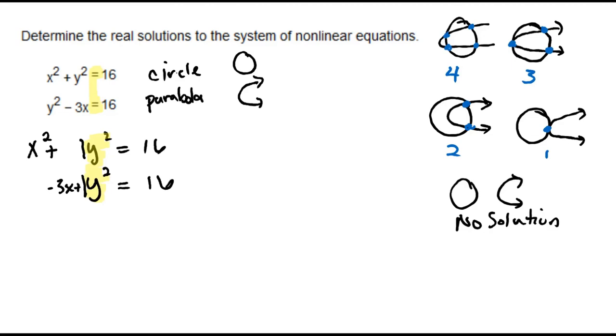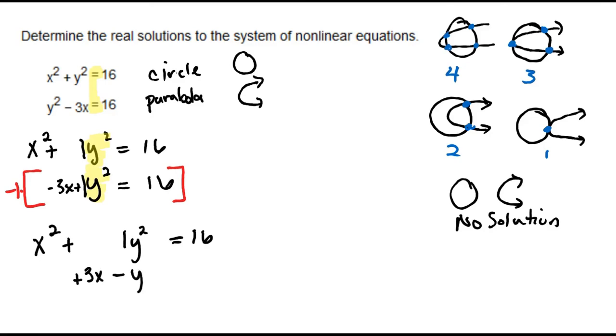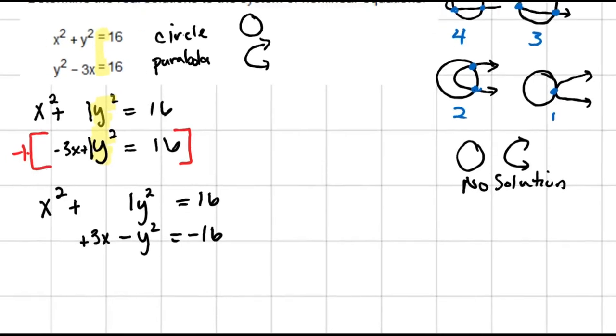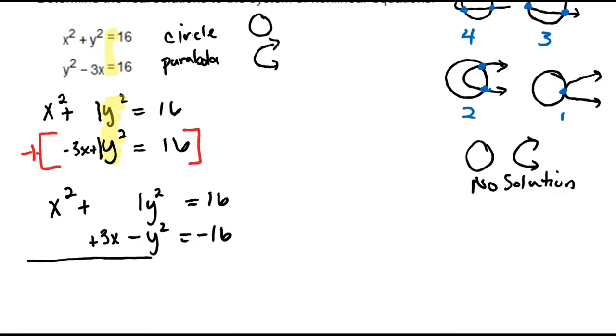So let me multiply the second equation by a negative 1. So my first equation doesn't change, x squared plus 1y squared equals 16. My second equation becomes a positive 3x minus y squared equals negative 16. Now I'm going to add the equations together to get x squared plus 3x equals 0.